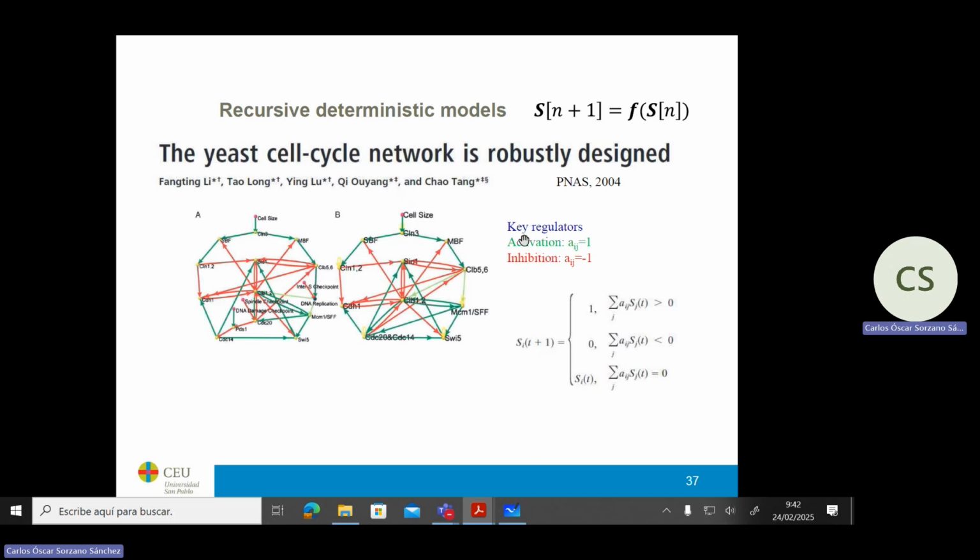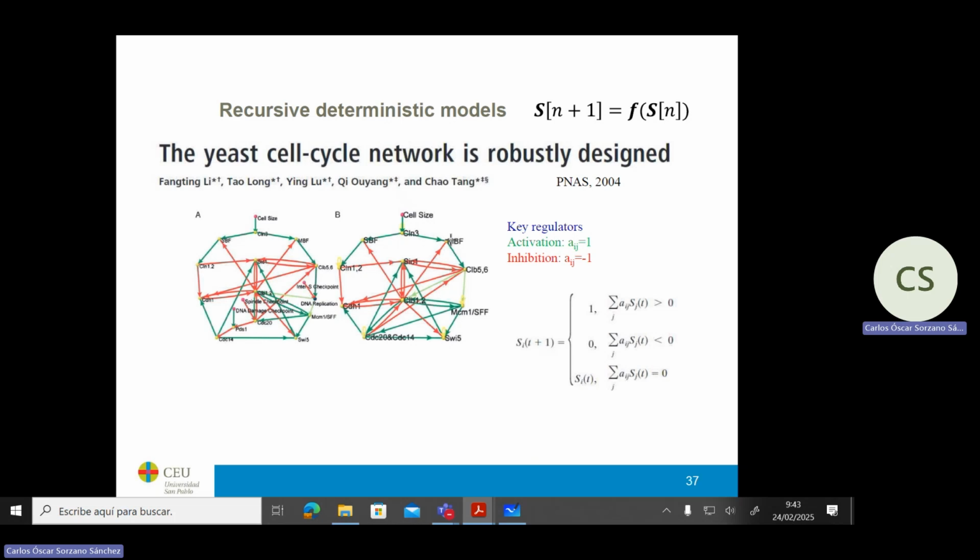So the influence is when a gene is activated. When this is activated, in the next state this one will also be activated, or it will be repressed. When this is activated, this one is repressing this one, and this one is repressing this one. The red arrows are inhibitions, the green arrows are activations.